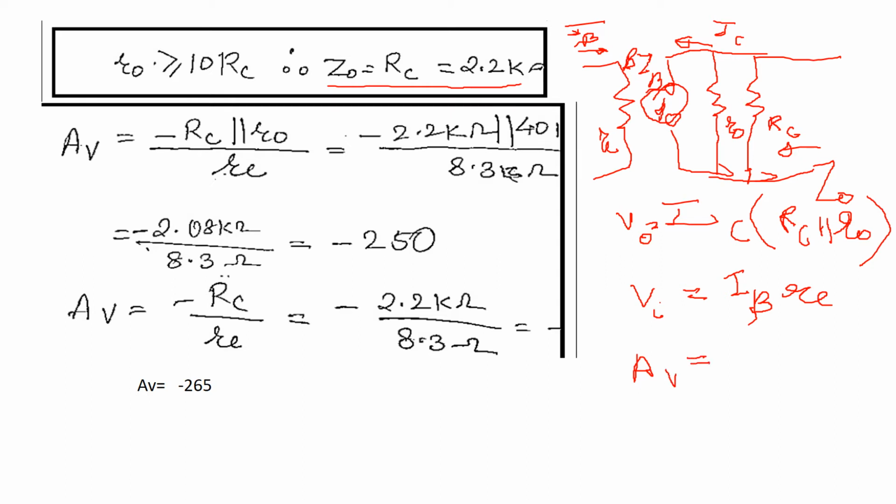Voltage gain AV is equal to V0 upon Vi. For this IC, you substitute beta times IB.